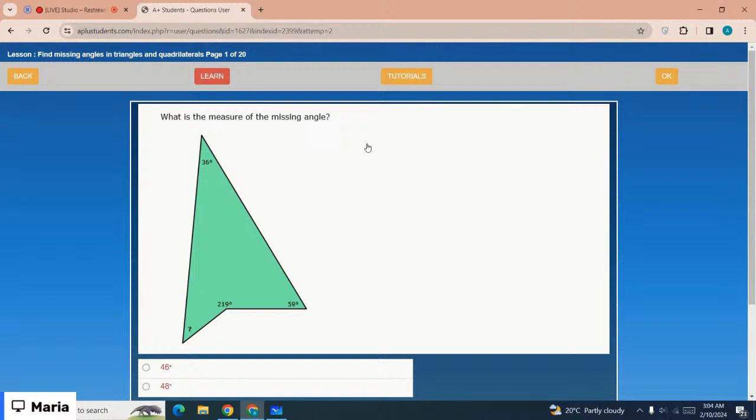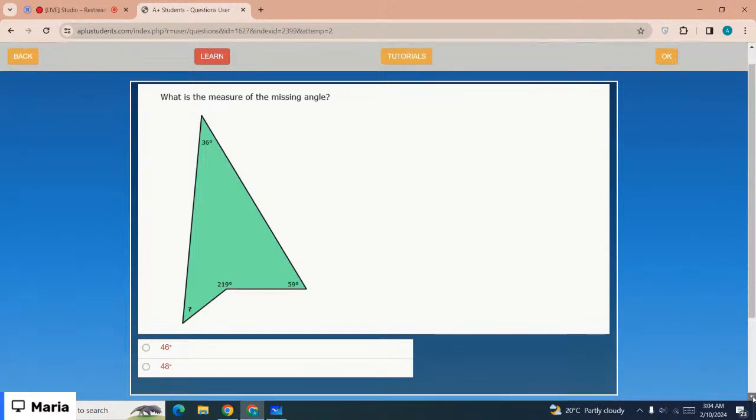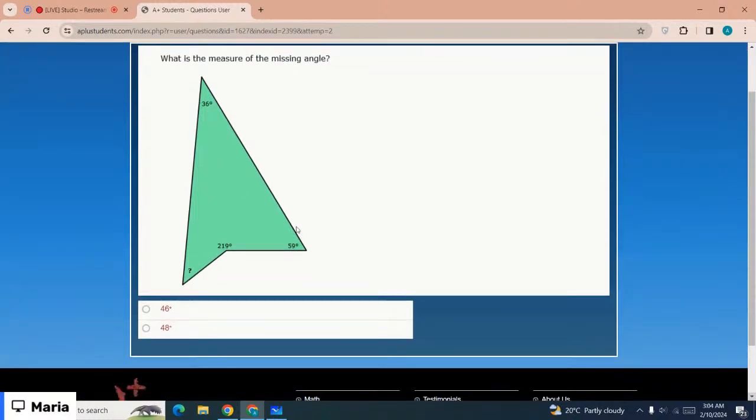The sum of all the angles must equal 360 degrees, right? So the sum of all these angles is 360. So if you subtract the sum of these angles, the missing angle is 46 degrees.